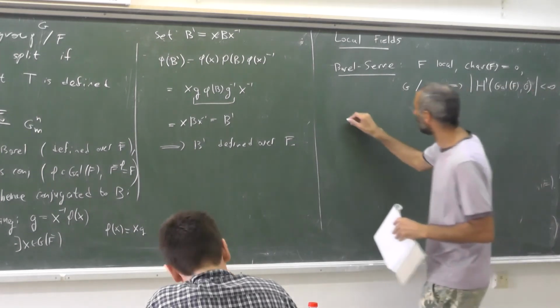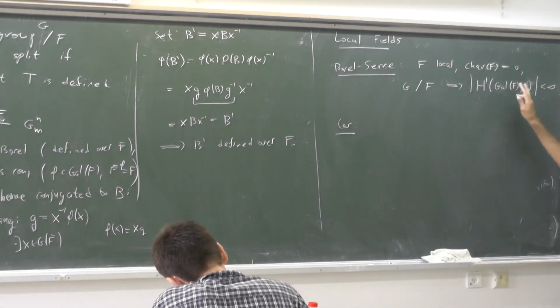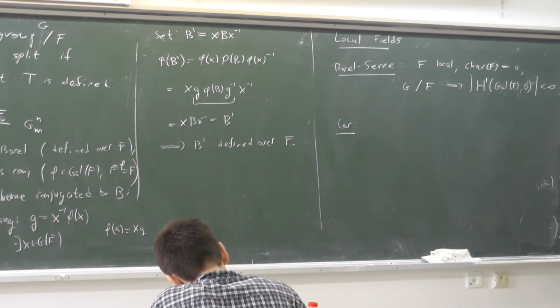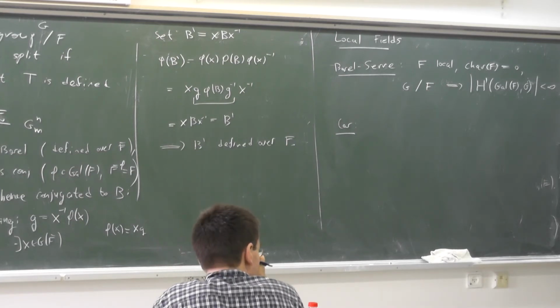And before the break, I will explain. There are many applications for this, but I will explain why it's important from the point of view that we studied earlier of orbit structure of an algebraic group acting on an algebraic variety.